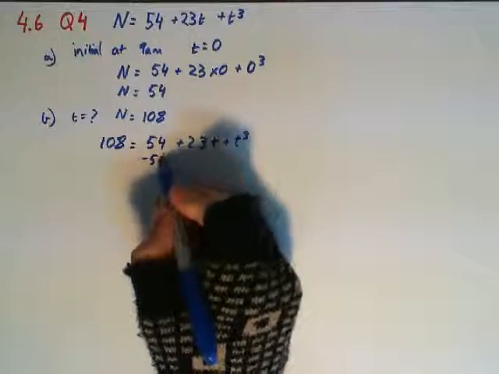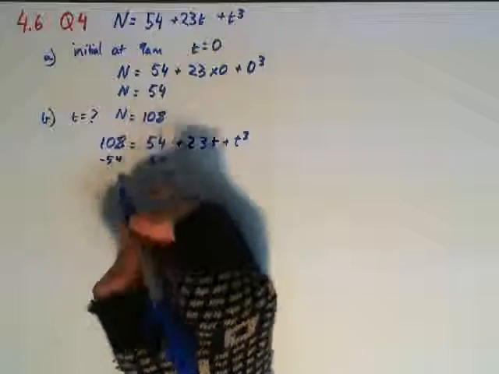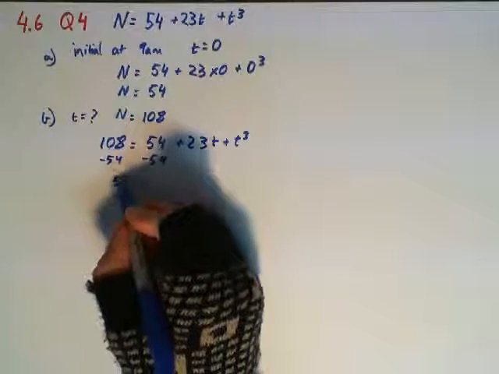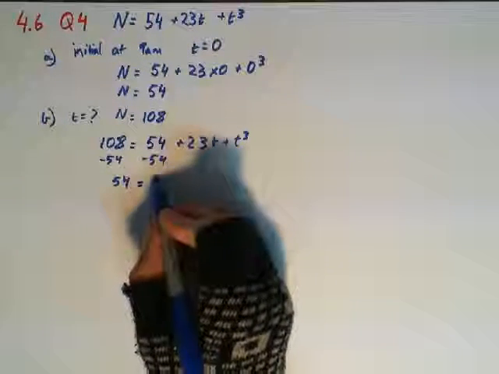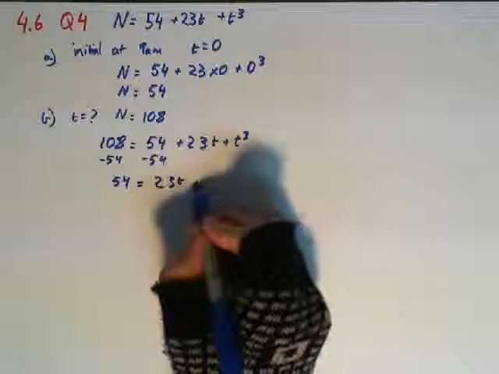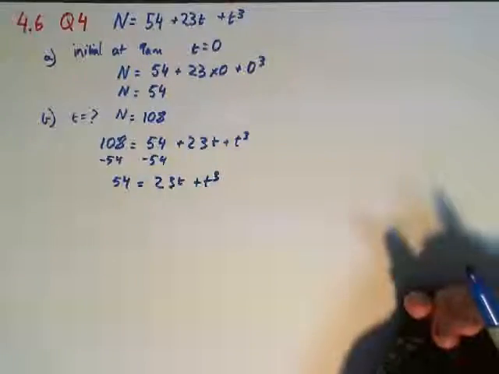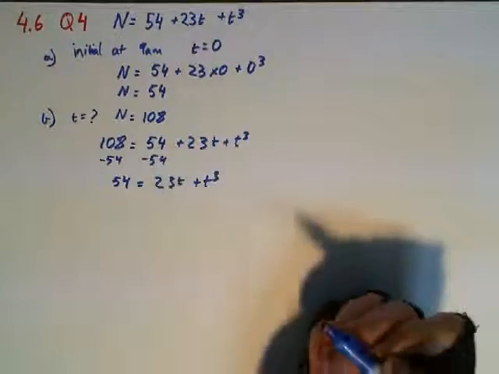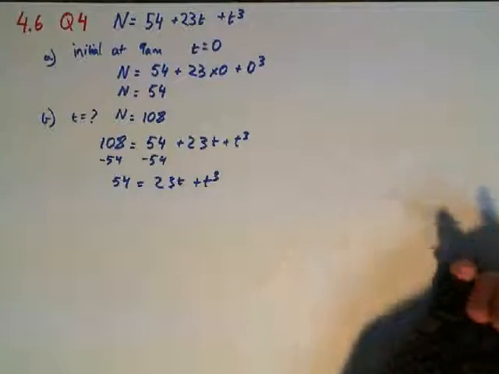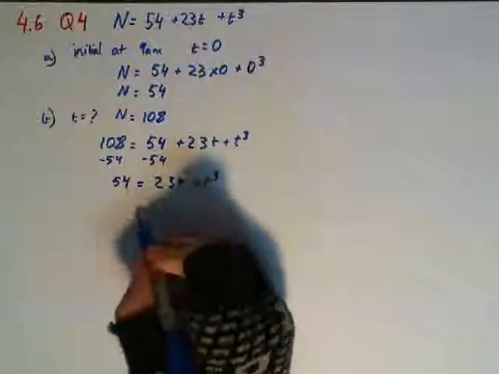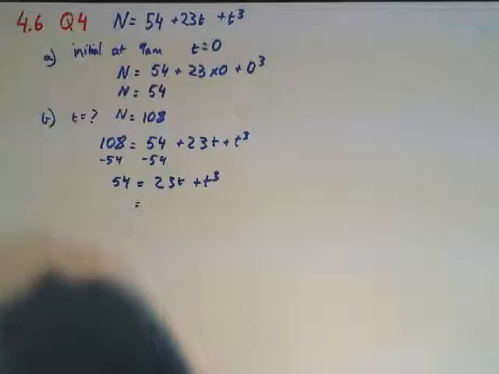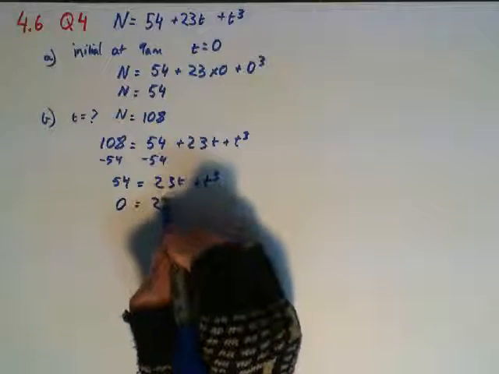If we solve this by taking 54 from each side, we'll have 54 equals 23t plus t cubed. Now, what I can do is take 54 across.